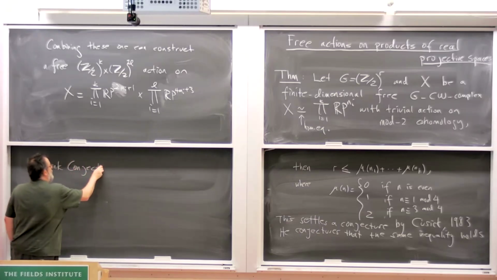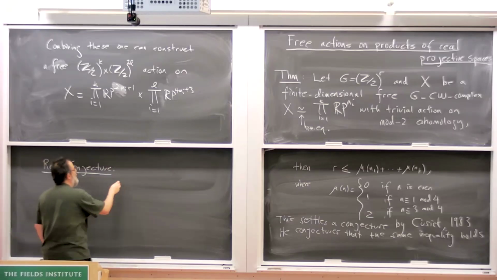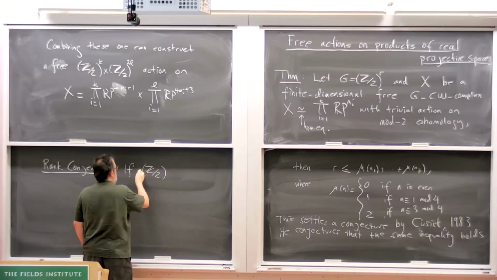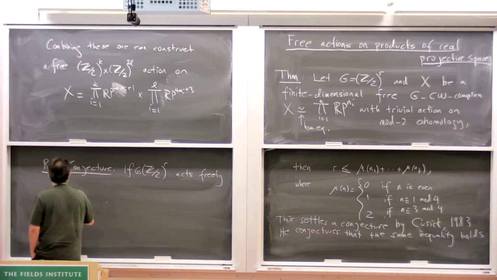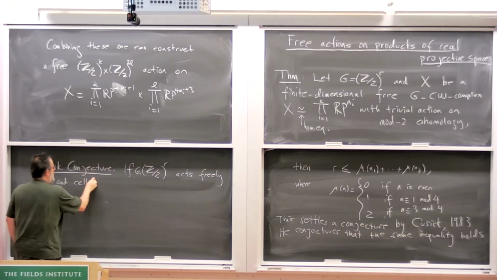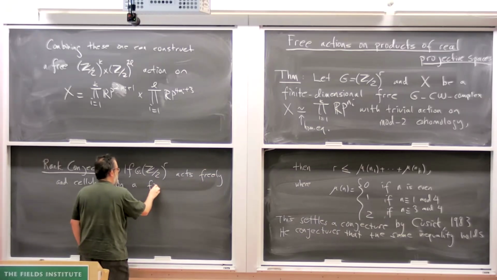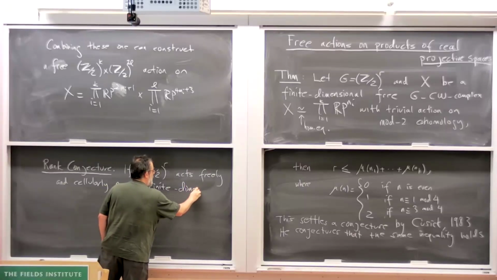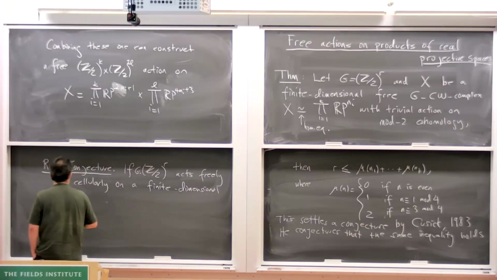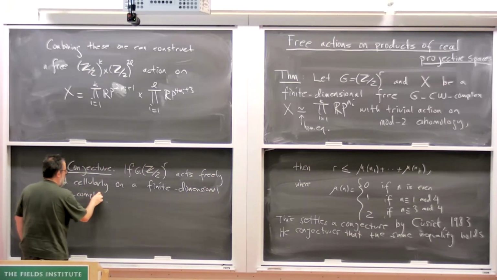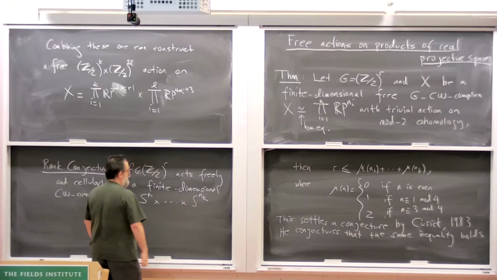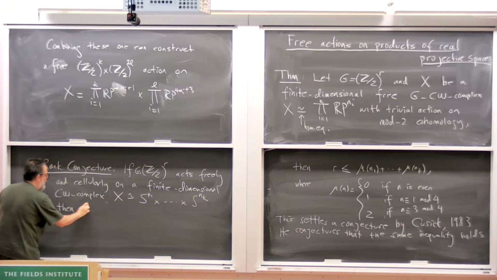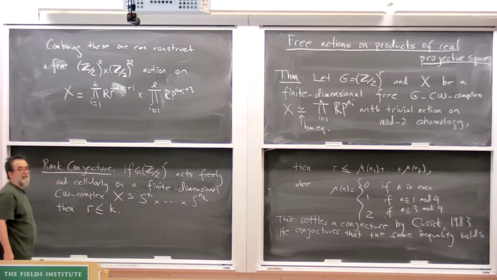This field claims that if G again acts freely, say literally, on a finite or finite dimensional CW complex X homotopy equivalent to a product of spheres, R many spheres, then R should be less than or equal to K. This is called the rank conjecture, and it's open in this most general form.